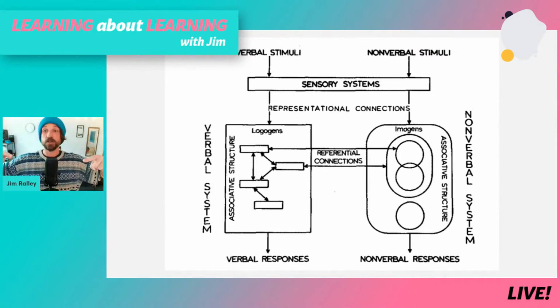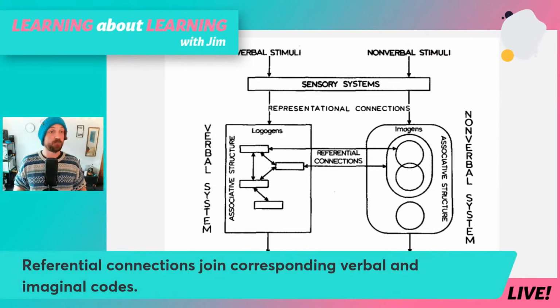Referential connections are where you join corresponding verbal and imaginal codes. The classic example that everyone seems to use is the word dog in the verbal system. And when I say that, you have all sorts of associated referential connections to non-verbal things that connect to the word dog.